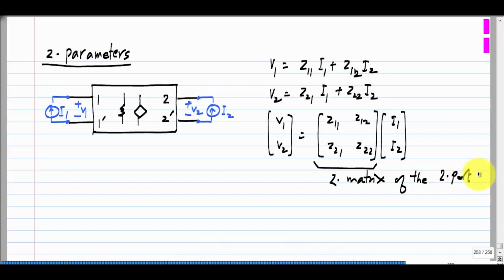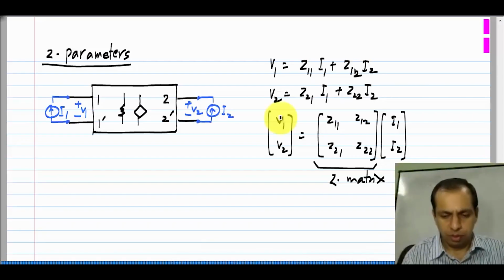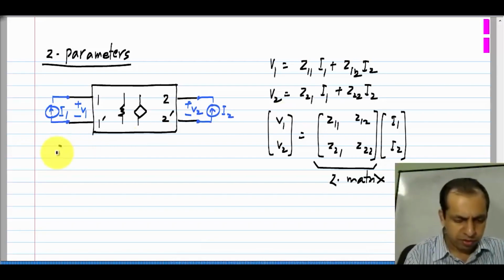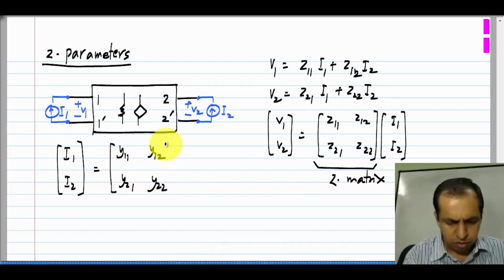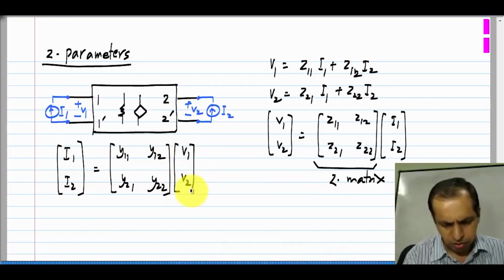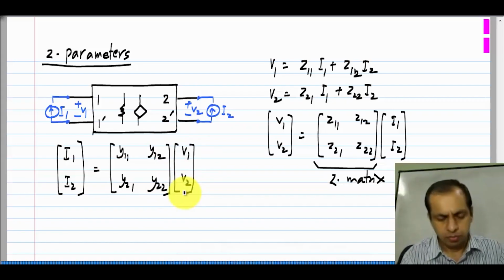So, the definition is similar to the Y parameters, except that here currents are independent variables and voltages are the dependent variables. Now, if you compare this to Y parameters, what did we have? In case of Y parameters, we had I1, I2 equal to Y11, Y12, Y21, Y22 times V1 and V2.